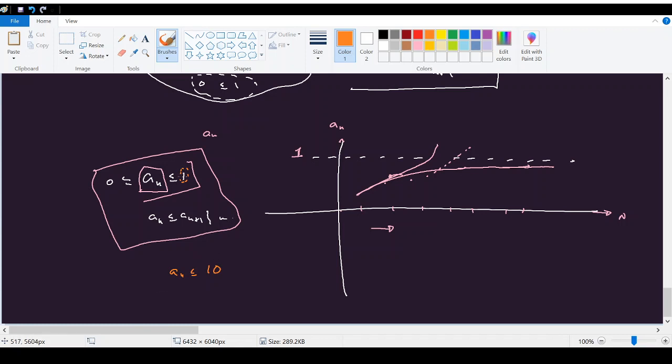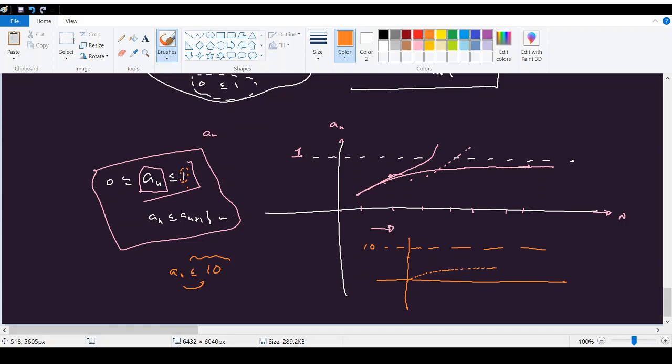Because if the sequence points are less than or equal to 1, then definitely they are going to be less than or equal to 10. But the sequence does not converge to 10, right? Here we have 10 and the sequence can converge to a value less than 10 also, right?